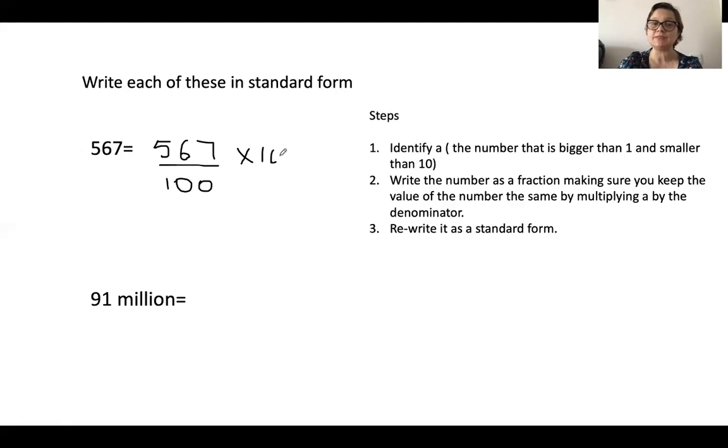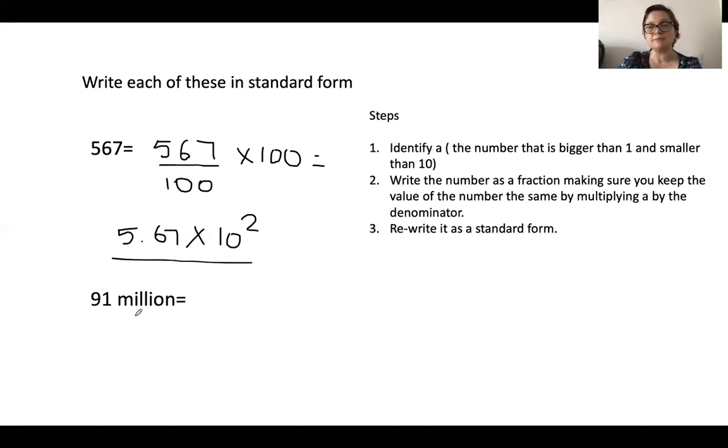So multiply with the denominator, as the step says. So 567 divided by 100 is going to be 5.67 times 100, and we represent 100 as 10 to the power of a positive integer, which is 10 to the power of 2. So times 10 to the power of 2. So this is our number written in standard form.